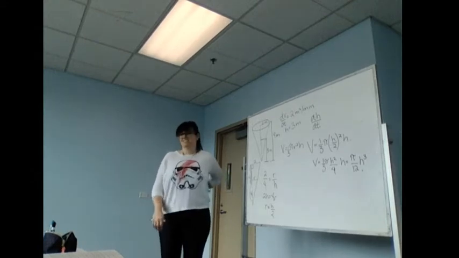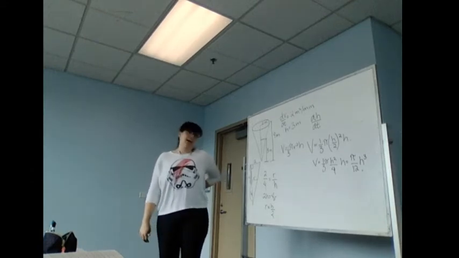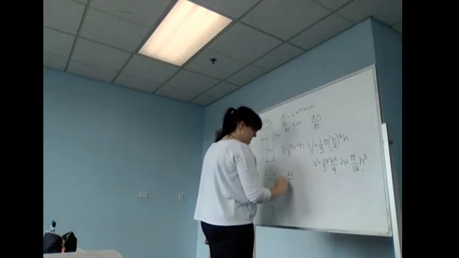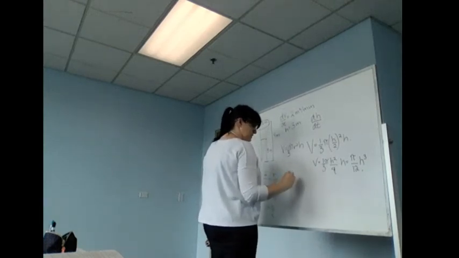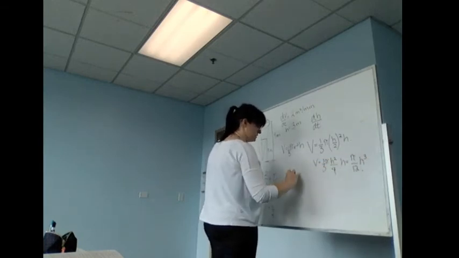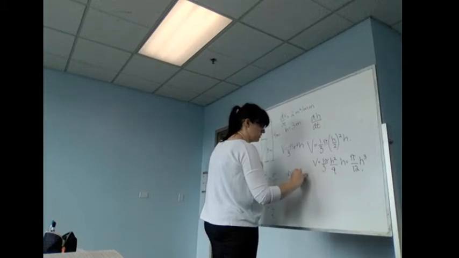That's a lot easier to differentiate. Yeah. So let's do it. dV/dt equals, bringing this 3 down, and it's going to cancel out with this, so we get pi over 4 h squared dh/dt.